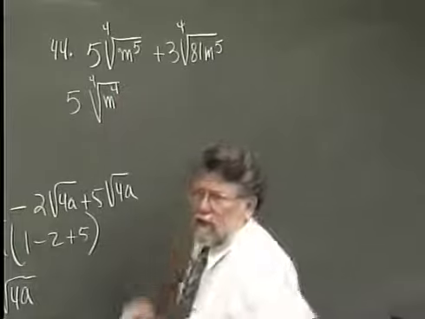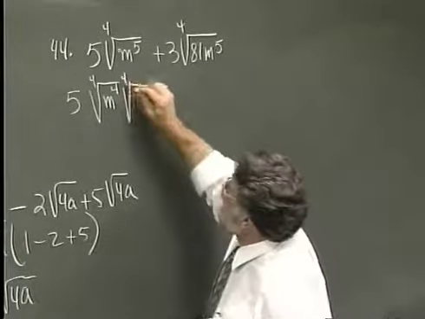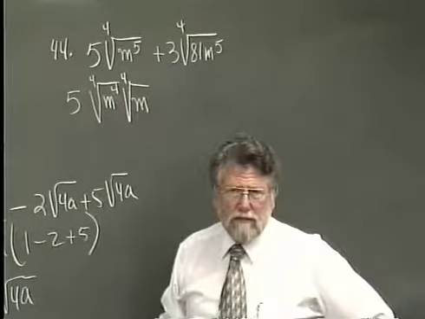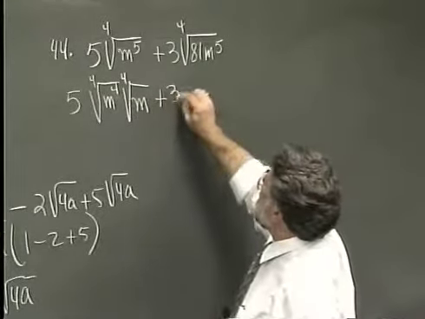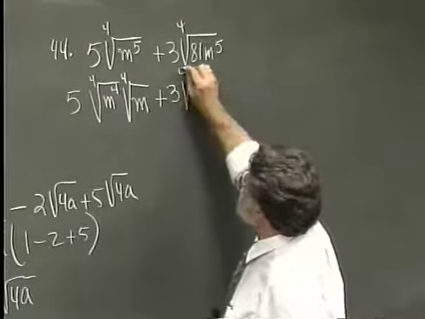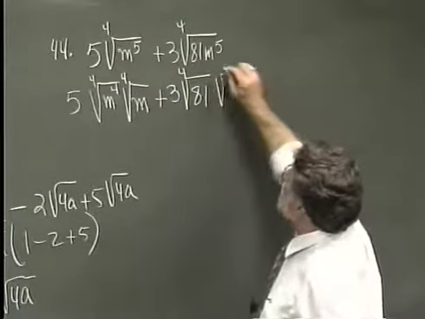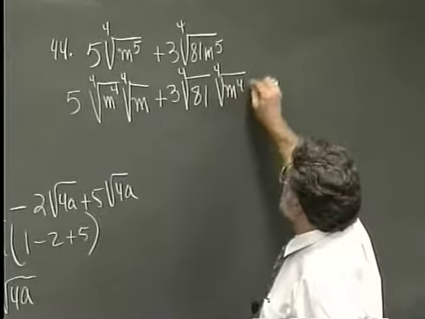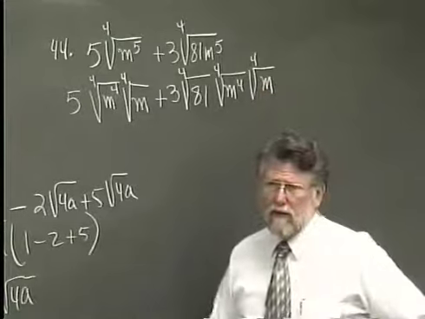So we have the fourth root of m to the 4th times the fourth root of m, technically to the 1st. Then I have plus 3, the fourth root of 81, the fourth root of m to the 4th, the fourth root of m.